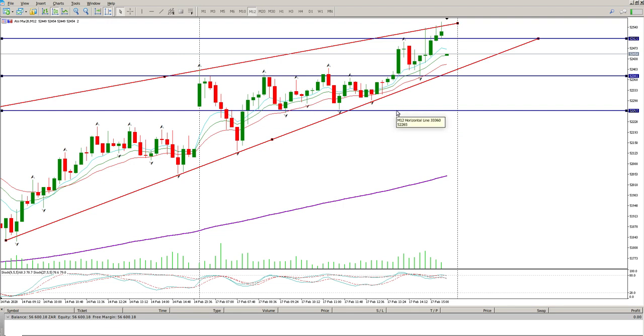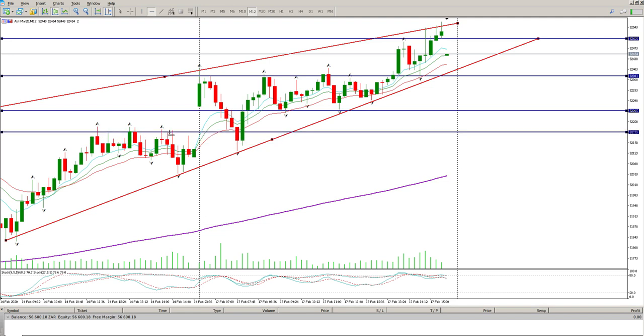The first one is going to be halfway down the wedge, which is here around about 52,065. Then 52,000 will be an area, and then you've got a fairly significant level right down the bottom here of 52,190. Let's just call it 52,200. Okay, so that's kind of what we see, and there is obviously the gap from yesterday as well, which is still open.